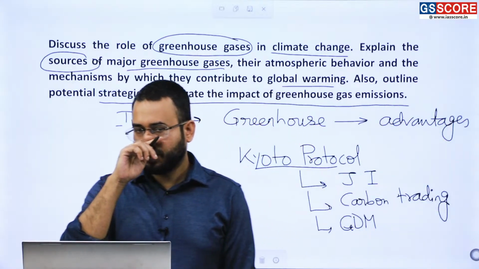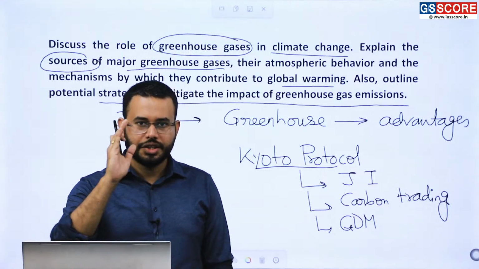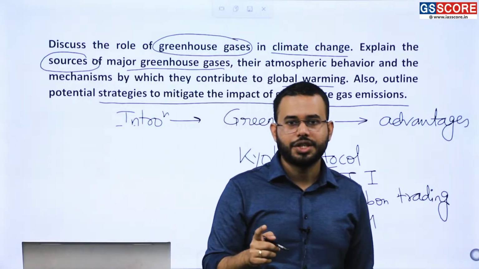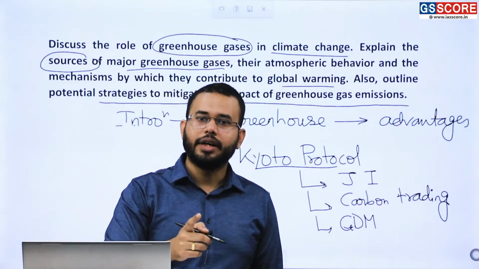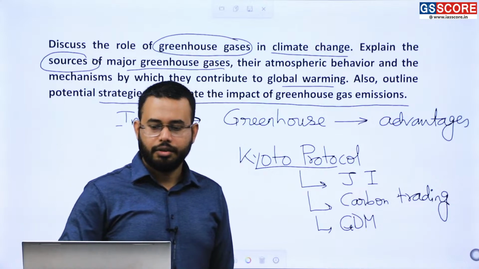Then you talk about the mitigation strategies, focusing on energy transition, energy efficiency, afforestation, reforestation, sustainable agriculture practices, then carbon trading, etc. Quote the Kyoto Protocol here as well. Fine.